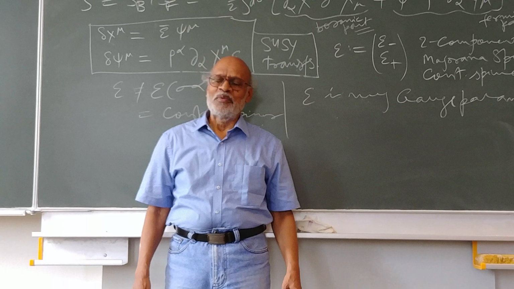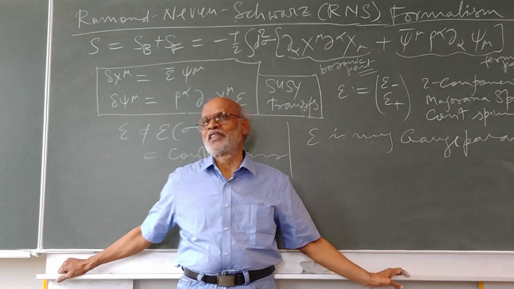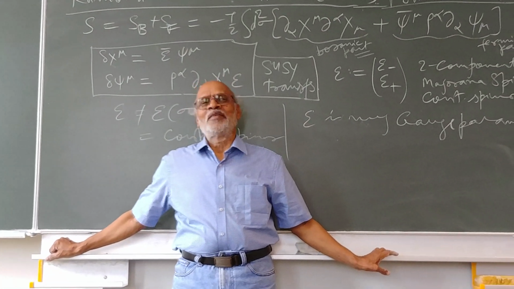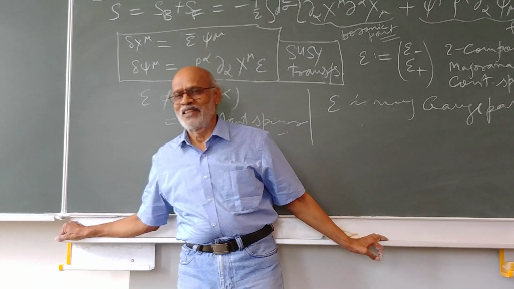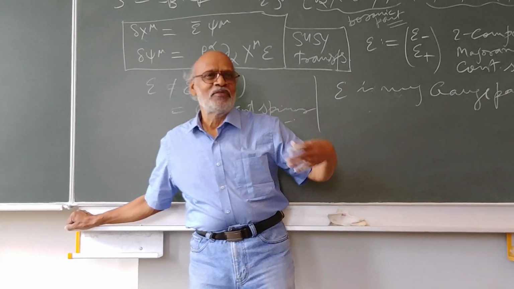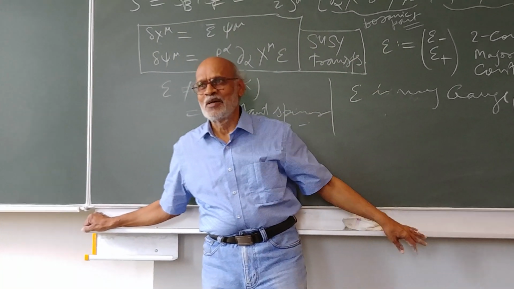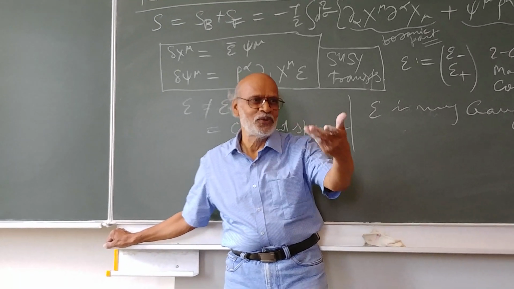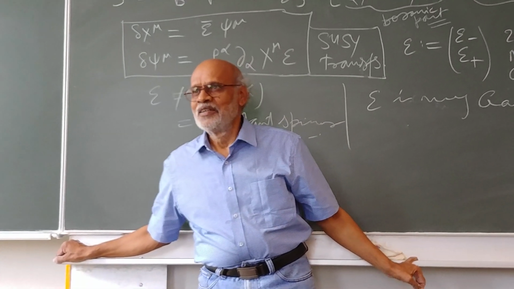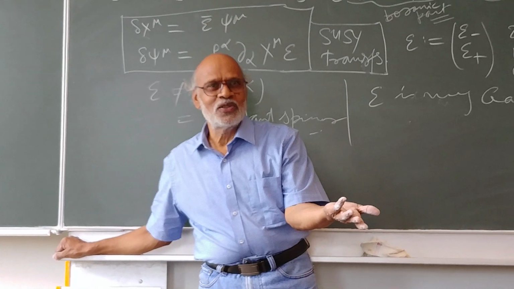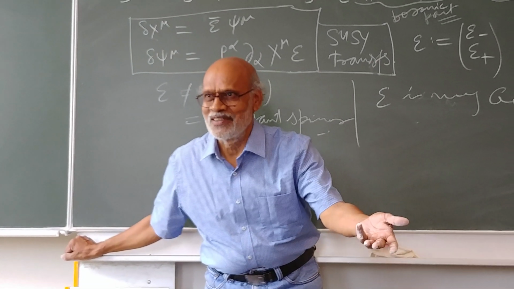And you will see that we are so lucky that in the entire superstring theory, you don't need more than N equal to 2 supersymmetries. For different reasons, the great guys have worked out many things, and I'm just telling you the conclusion: you have N equal to 1 superstrings, N equal to 2 superstrings.